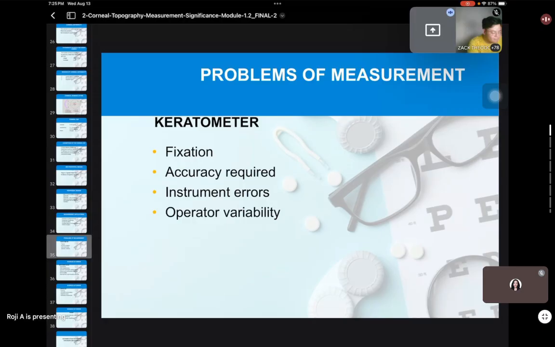Another thing is the instrument error when it is not calibrated. What things do you know that need calibration? Anyone? Example of calibration. What are the things that need to be calibrated?